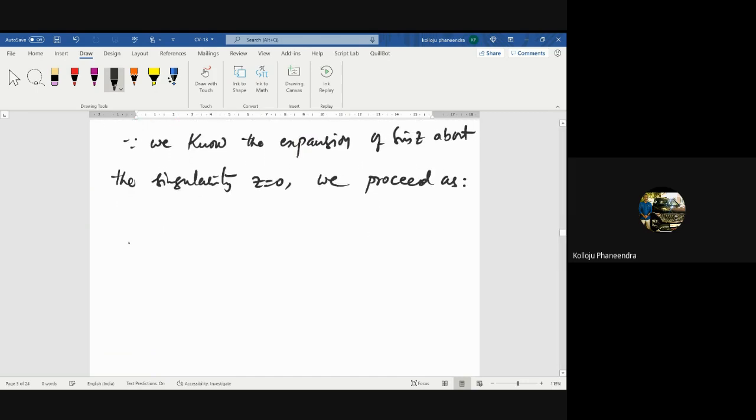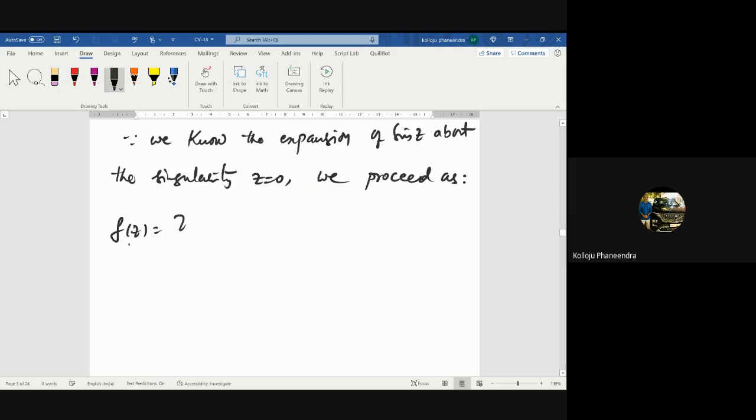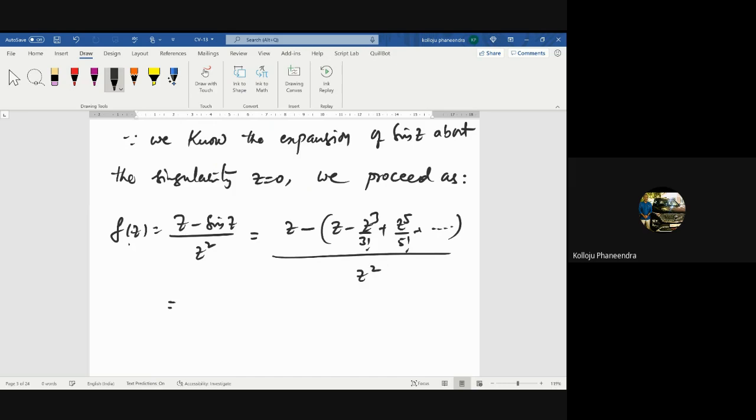How to proceed? f(z) equal to (z − sin z)/z², that is equal to z minus the sin z expansion, z − z³/3! + z⁵/5! and so on, whole divided by z². So one z gets cancelled.